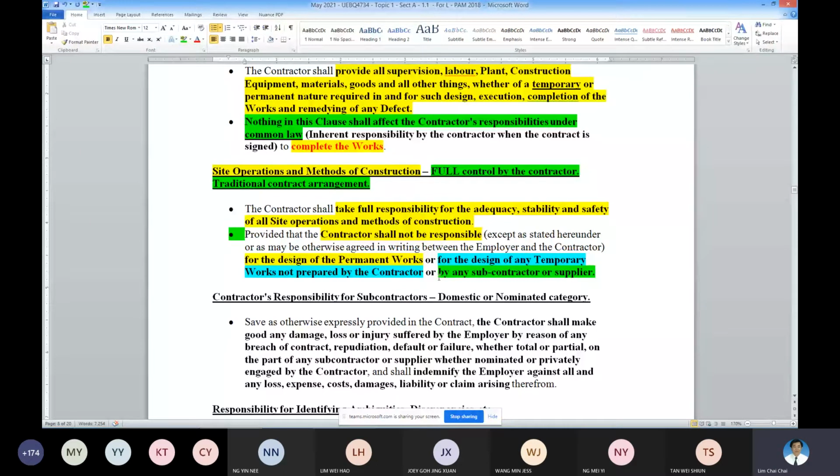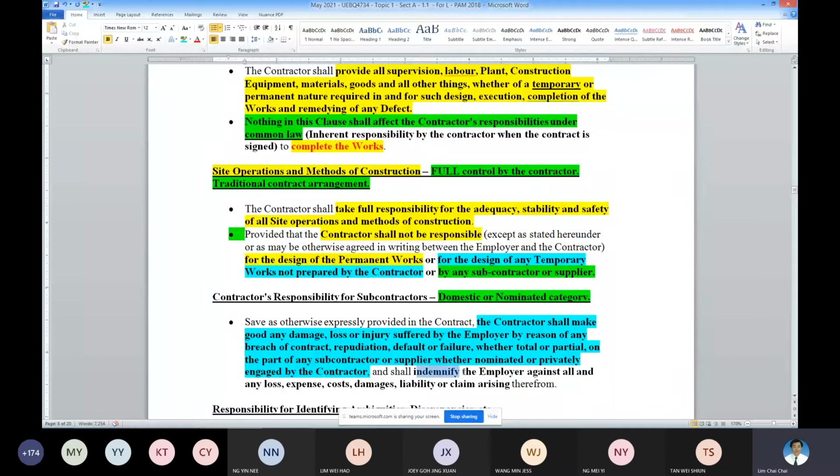Responsibility now for this special category, the NSCs and the DSCs. The contractor shall be responsible for any goods that are damaged or lost due to these subcontractors or suppliers, whether nominated or engaged privately by the contractor, and shall protect the employer against all loss due to all this happening.